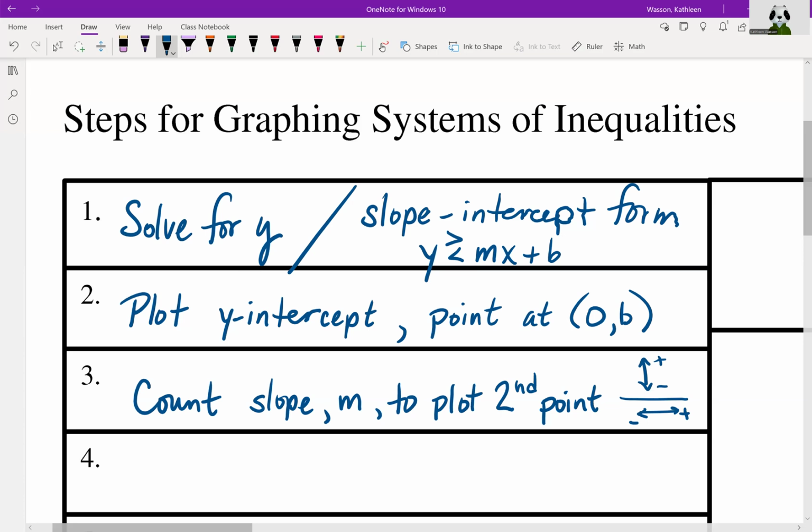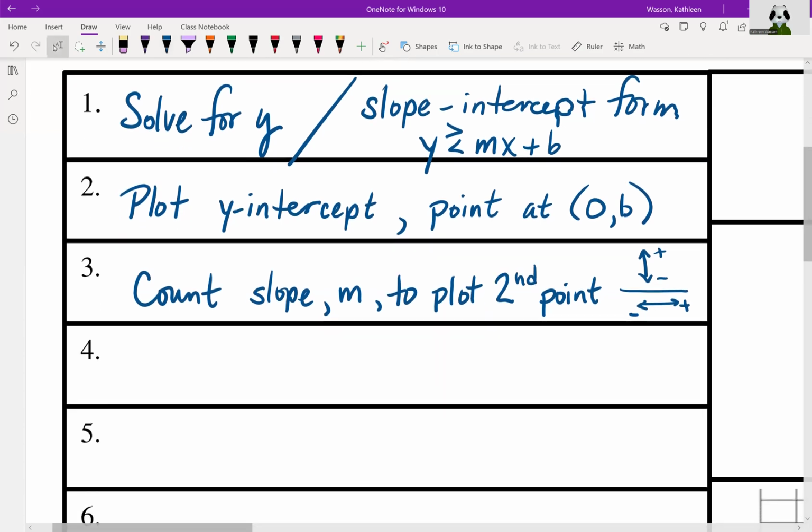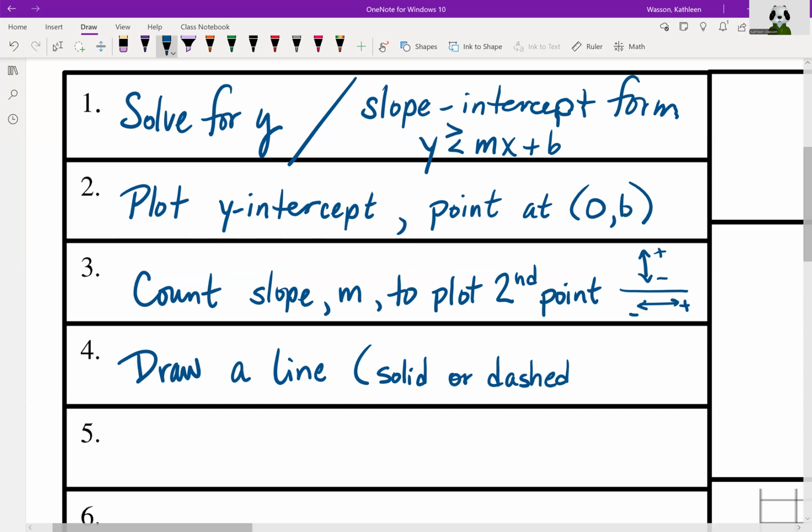So once you have your 2 points plotted, you can draw in a line. And depending on your inequality, this may be solid if it includes an equal, or it may be dashed if it is just greater than or less than and not equal.